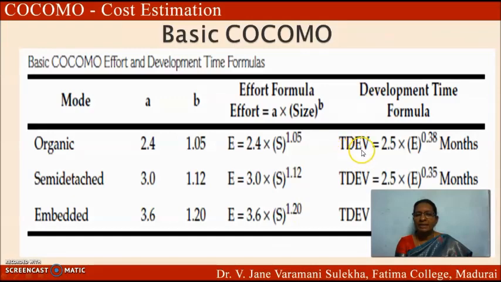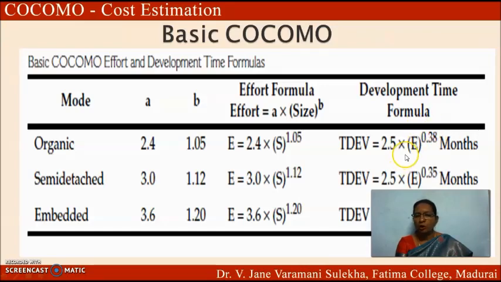Then for TDEV, the development time formula, we have to use 2.5 into E to the power of 0.38 months. For semi-detached mode, 2.5 into E to the power of 0.35. Next one, embedded mode, 2.5 into E to the power of 0.32.